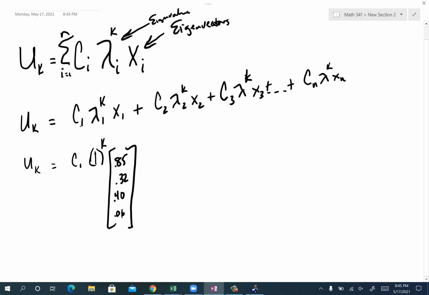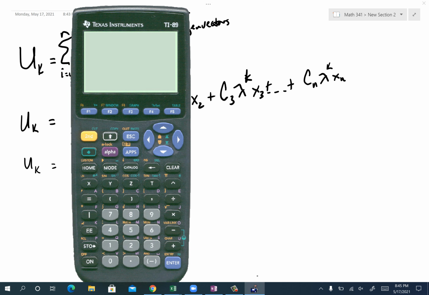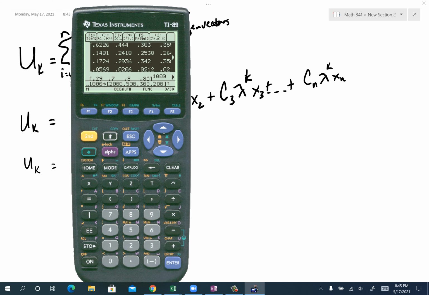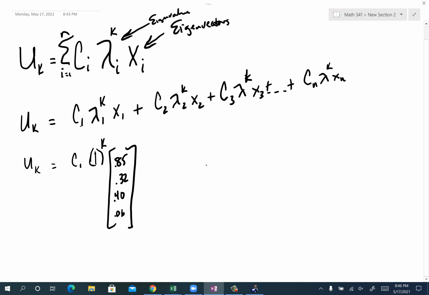Actually, I might go double check this one because I might have made a boober on that one. I don't want to mess it up. Let's get up there. Eigenvectors, there they are. Okay, my eigenvectors are negative, negative, negative, negative. Mine are all positive. Hot diggity.